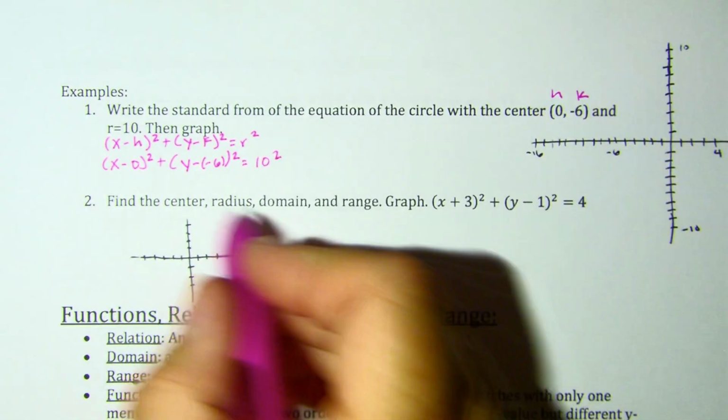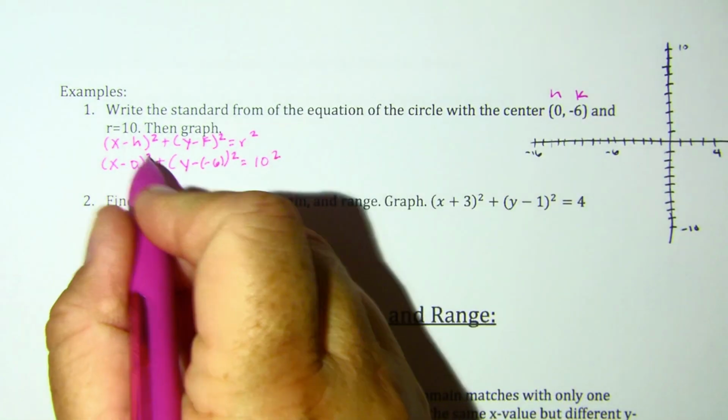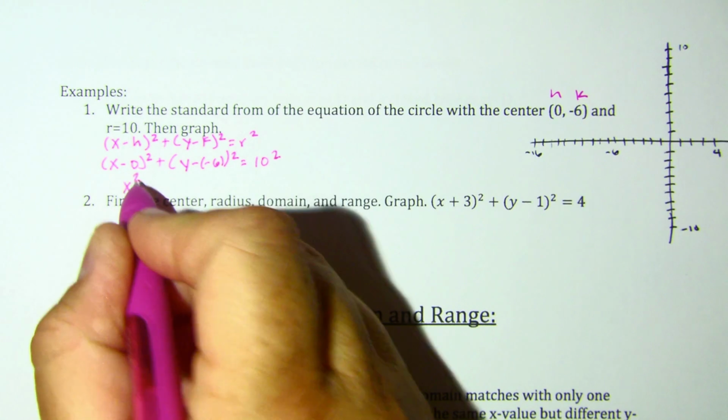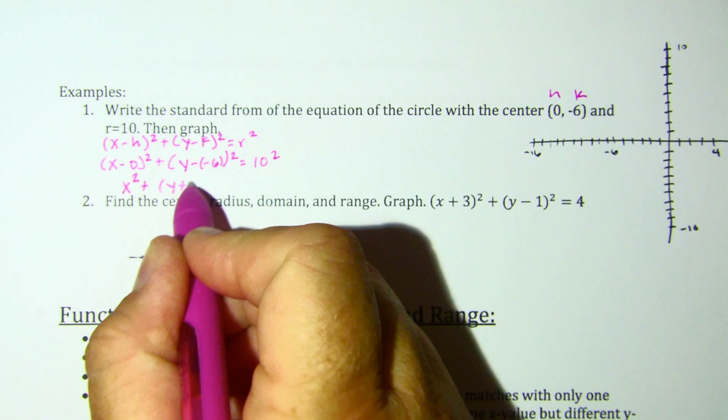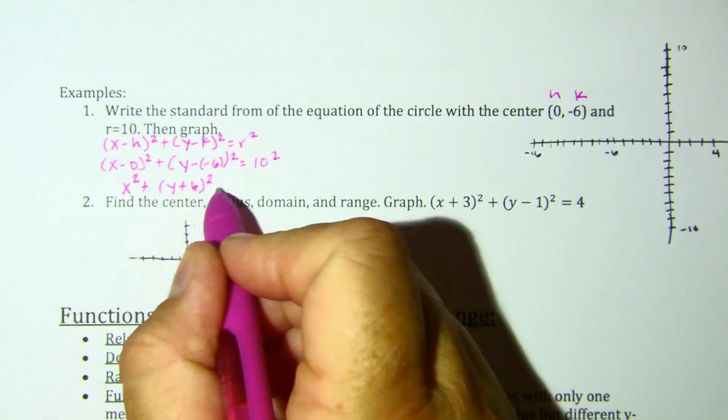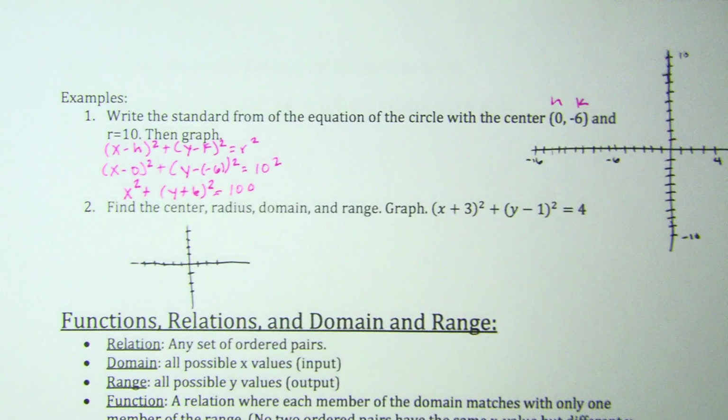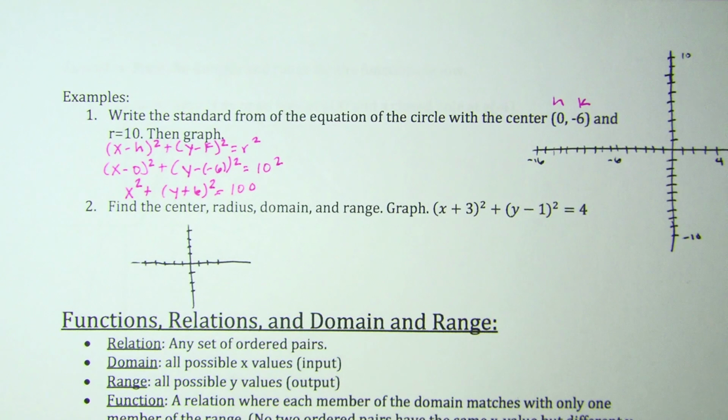And simplifying that, we're left with x minus 0 is just x, so x squared plus, a negative times a negative will be, (y plus 6) squared equals 100. So that's the equation.